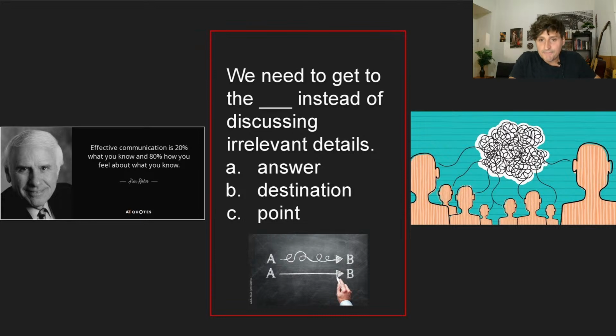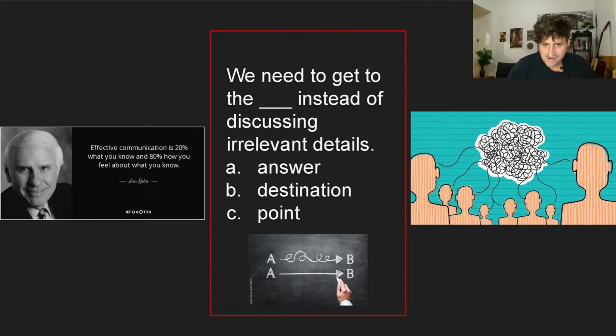All right. We need to get to the answer. We need to get to the destination. We need to get to the point instead of discussing irrelevant details. And this is a very common thing, right? People waste time.